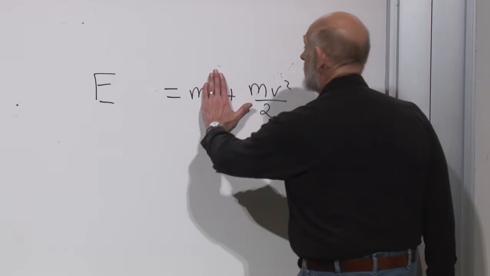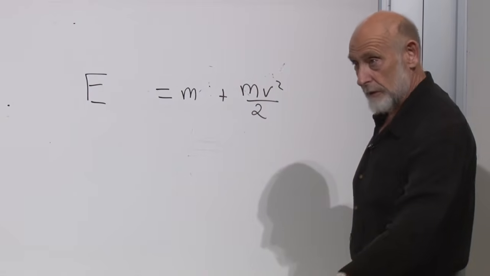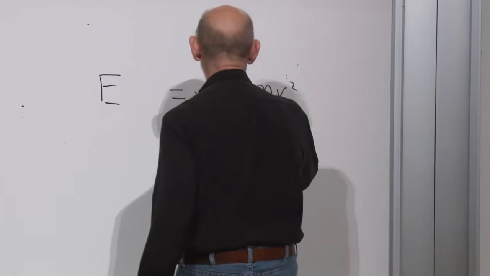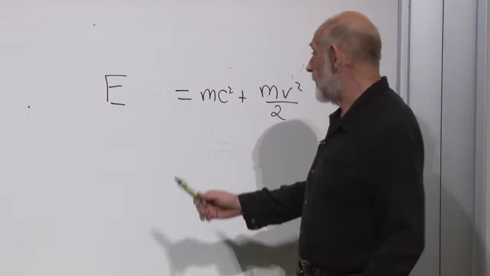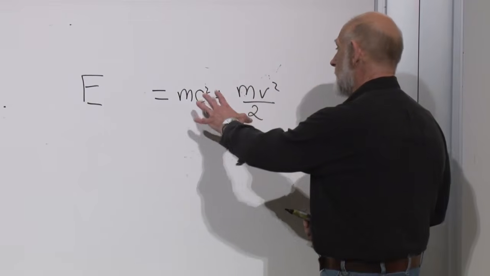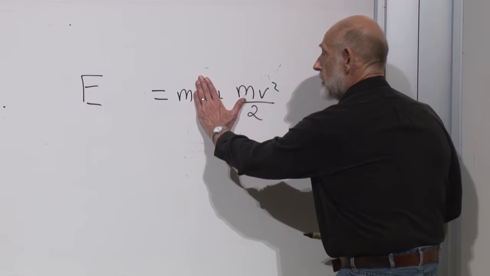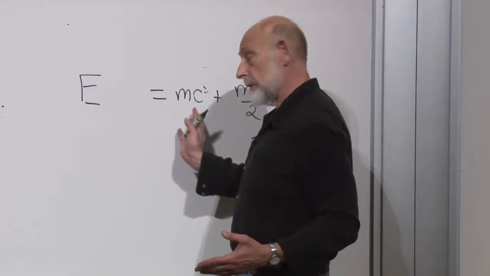No. It has to reduce to this when c is 1. Good point. On purely dimensional grounds, we never could have deduced that this would be 1 here. But on the grounds that it has to reduce to this when c is equal to 1, there's only one thing we could do with it.